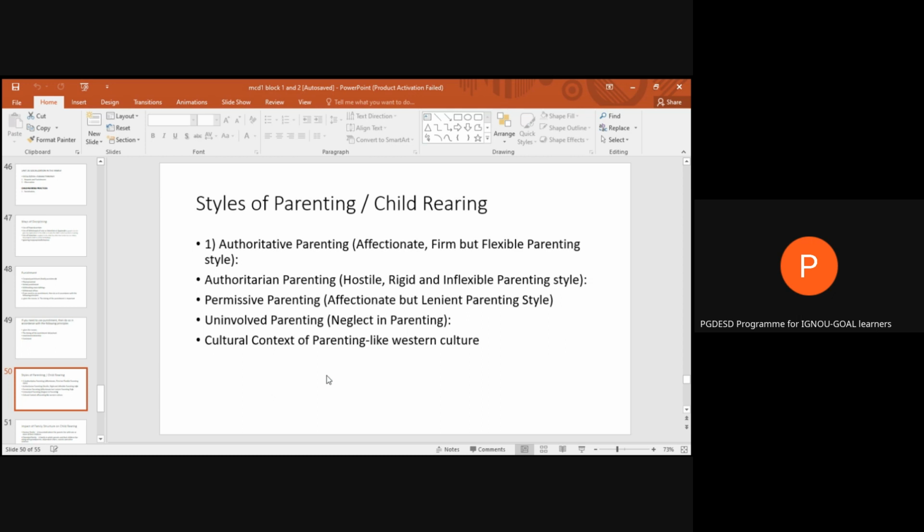Permissive parenting is an affectionate but lenient parenting style. Sometimes confusion comes between permissive parenting and authoritative parenting. In permissive parenting, these parents are lax in discipline. They give children all the freedom to do as they want.